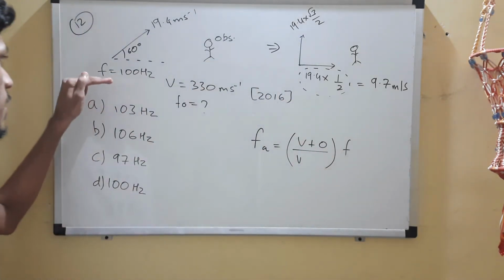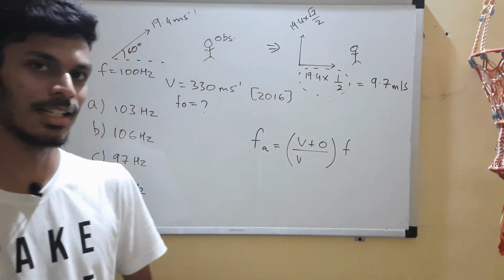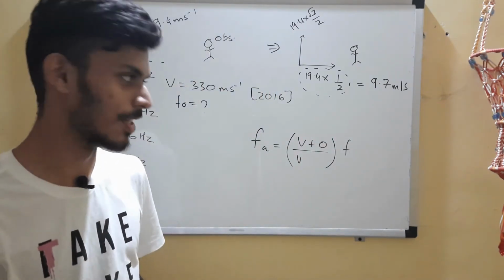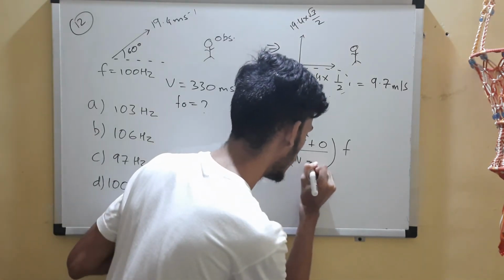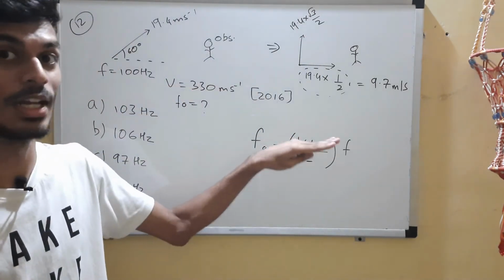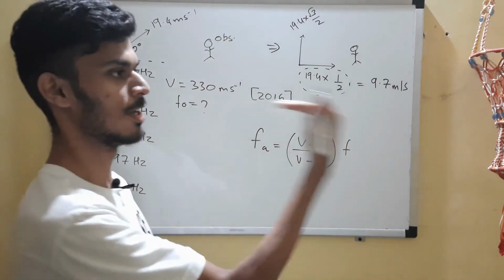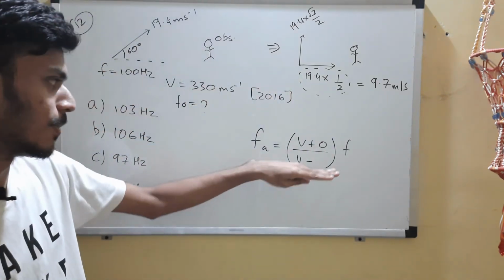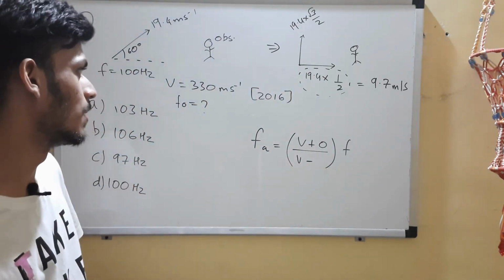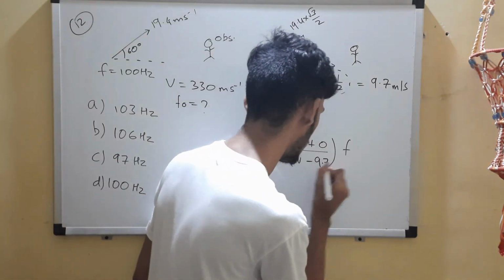And the source is approaching, it is trying to increase the frequency, which means it is decreasing the denominator. So here there will be a minus sign. So minus of 9.7.